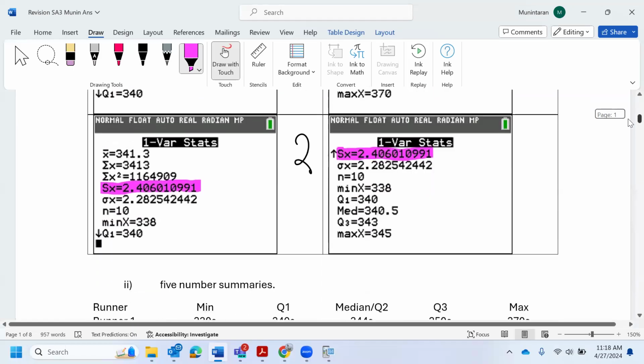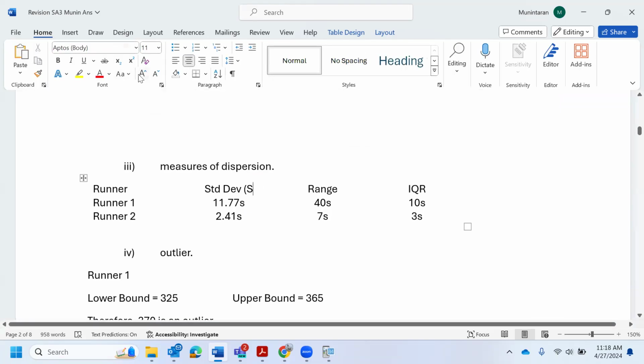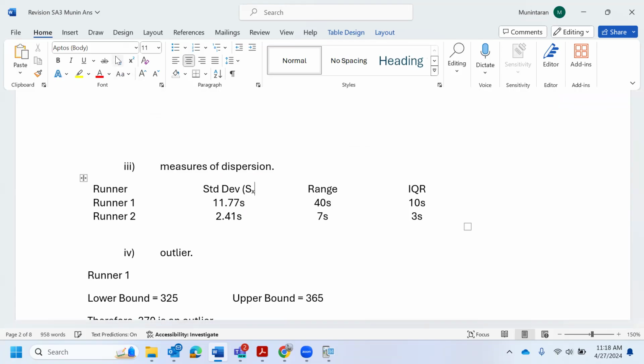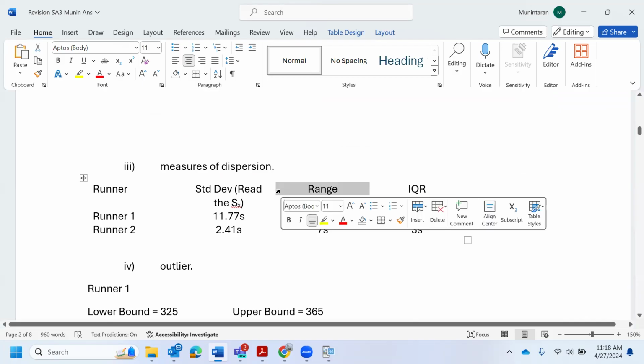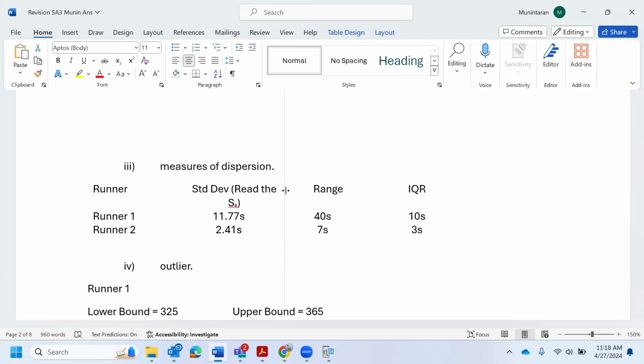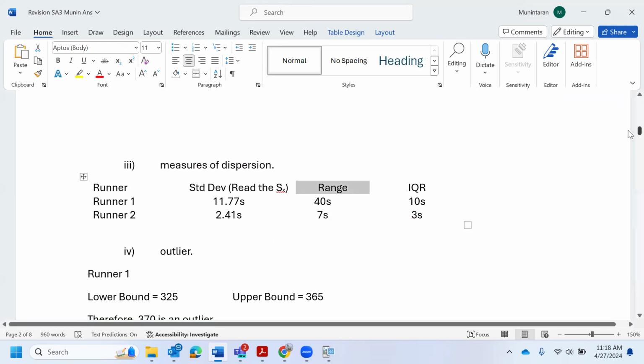So you have the standard deviation, that is your Sx. All right. Read the Sx.